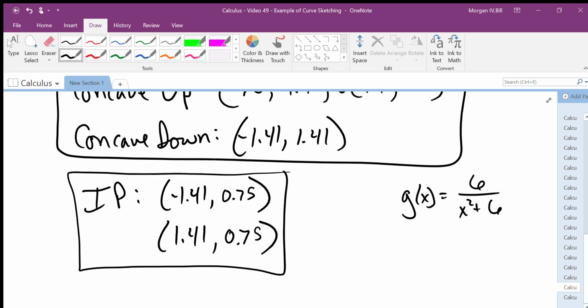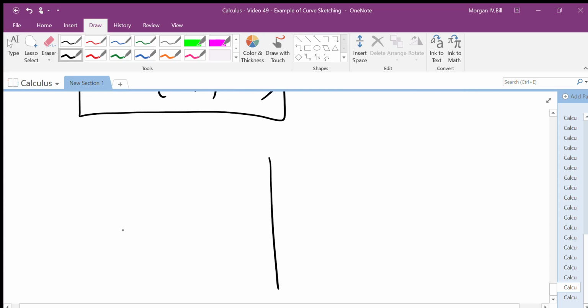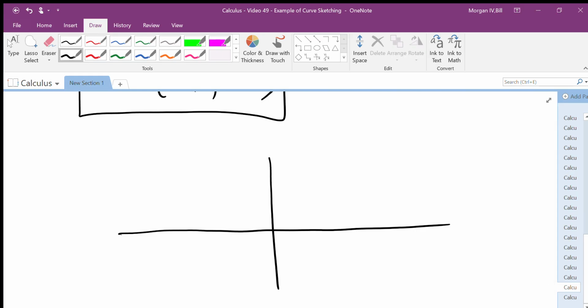All right, that should be enough to do our final drawing, our final curve sketching. So let's make a nice big graph. Here's what we know so far. 0, 1. That's the y-intercept, but it's also a relative max. It's also an absolute max.